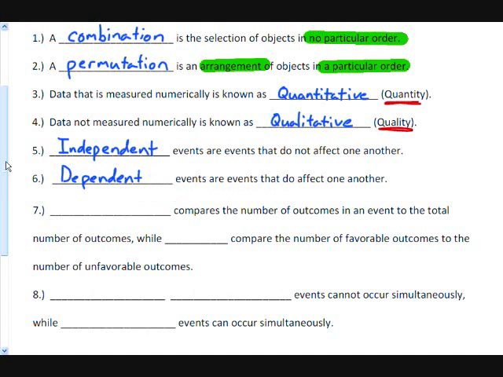Dependent events. For number 7, it says blank compares the number of outcomes in an event to the total number of outcomes, while something else compares the number of favorable outcomes to the number of unfavorable outcomes. And remember, when we're comparing to the total, and these are some of the key words, we're talking about probability.